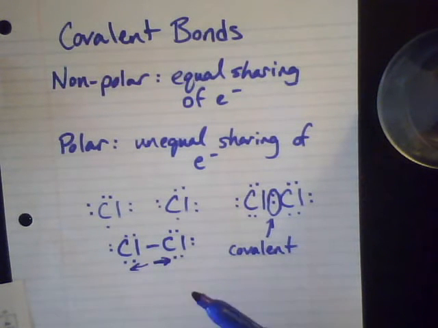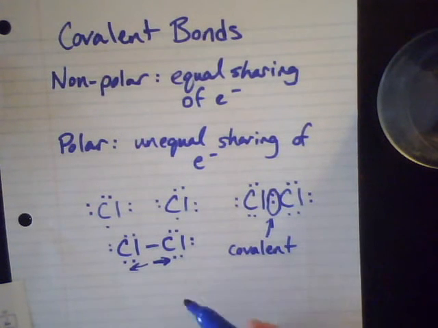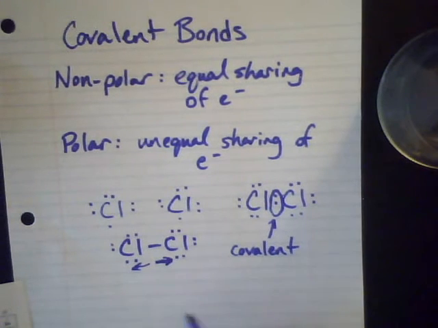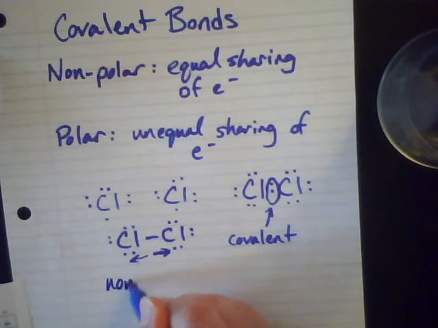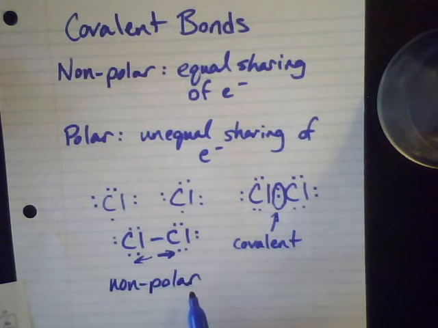We learned in atomic theory that atoms of the same element are identical to each other, so they're going to behave in the exact same way. If they're both pulling on that shared pair of electrons in the same way, that makes this a non-polar bond. So it's going to be an equal sharing. So anything that's paired with itself is going to be a non-polar bond.